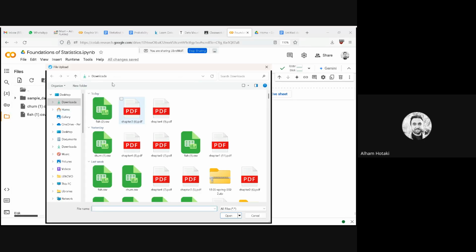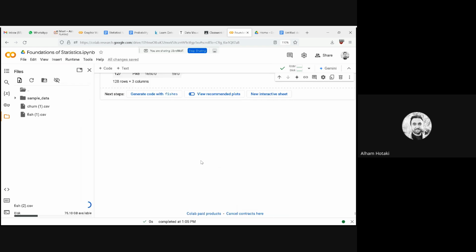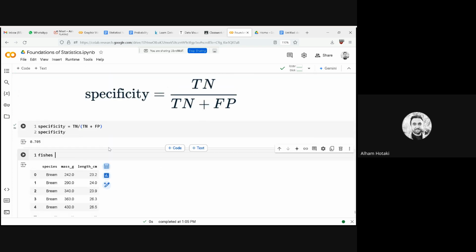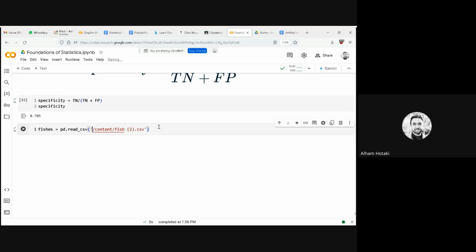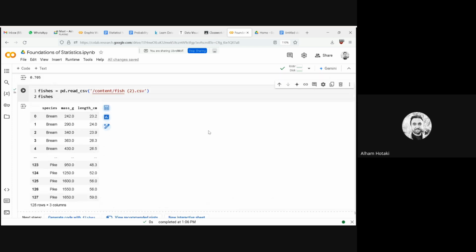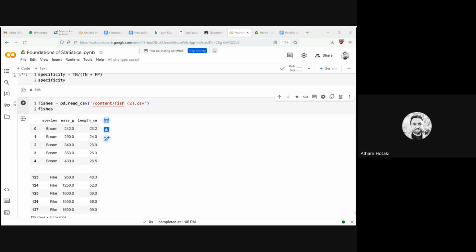I will upload the new data set and copy the path here. And now, again, we need a new column here actually.